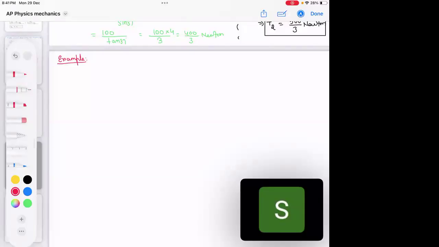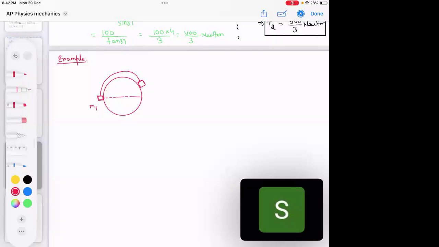Okay. In this example, what is given to us? A fixed sphere is given to us. The question gave there is one block M1 here, and there is a string connecting M1 and M2 here.